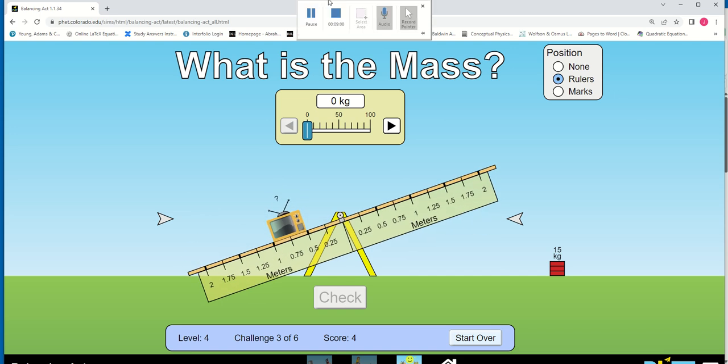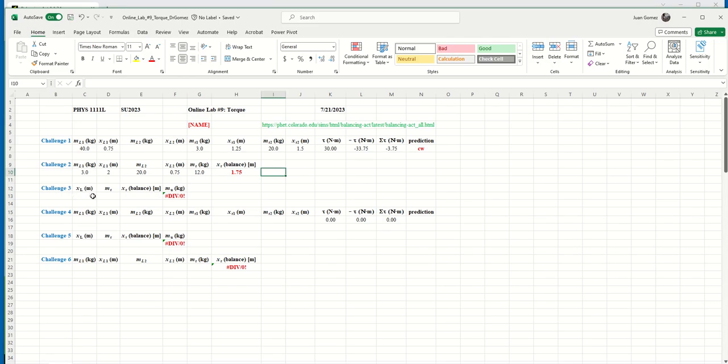So now challenge 3, I want to know what is the mass, in other words, the unknown mass. See, this TV is the unknown mass. I want to know what is the mass of that TV. Well, let's go now to challenge 3. Now XL, that's the position of the mass on the left.